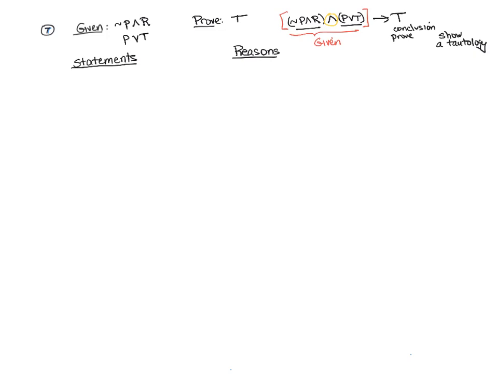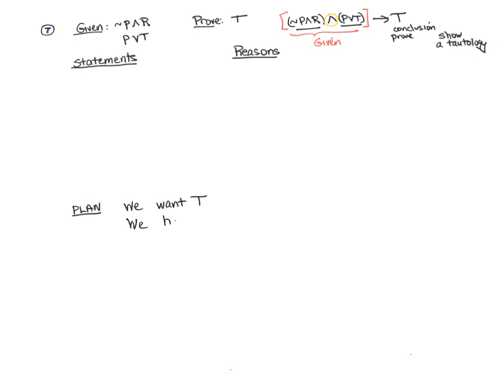Okay. Now, we want to prove T, and a good way to do this is to work backwards. So let's make a plan down here. We want T. Well, we look at the given. What statement has T in it?